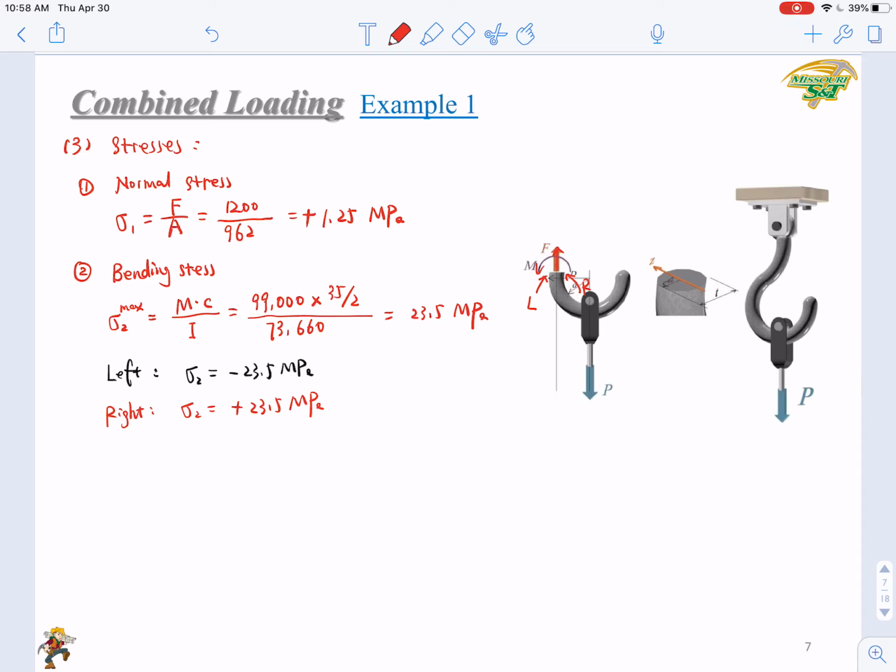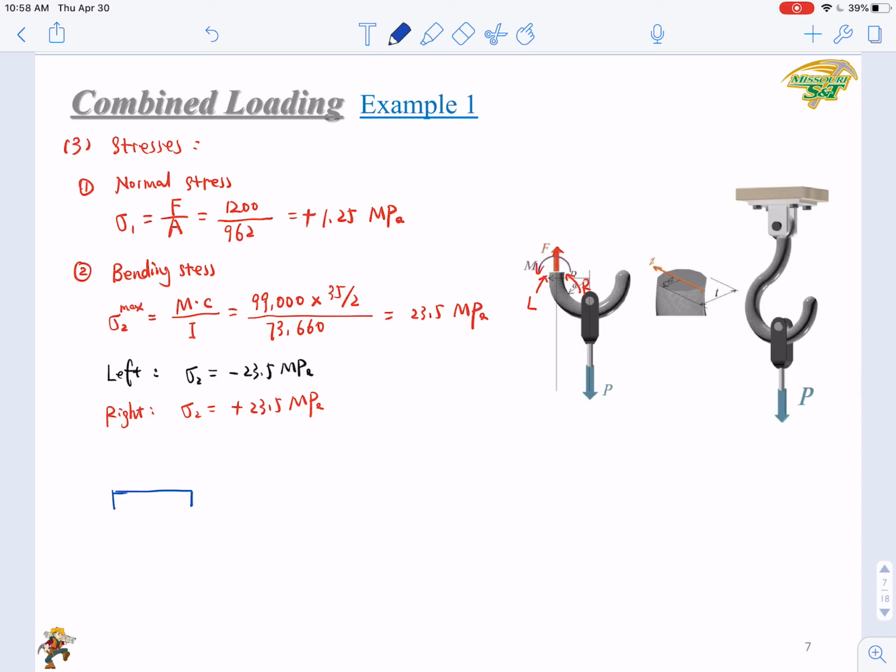Right? So then we can sketch them. We can sketch the combined effects of these two sets of normal stresses. Okay. Then this is the cross section. So due to the axial loading, the sigma 1 is positive.